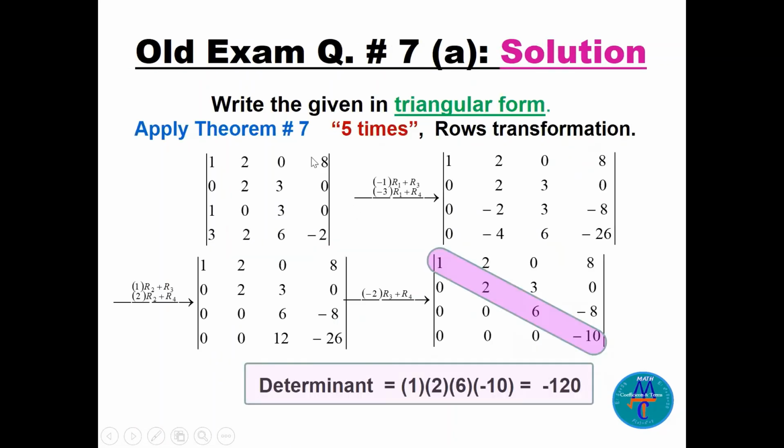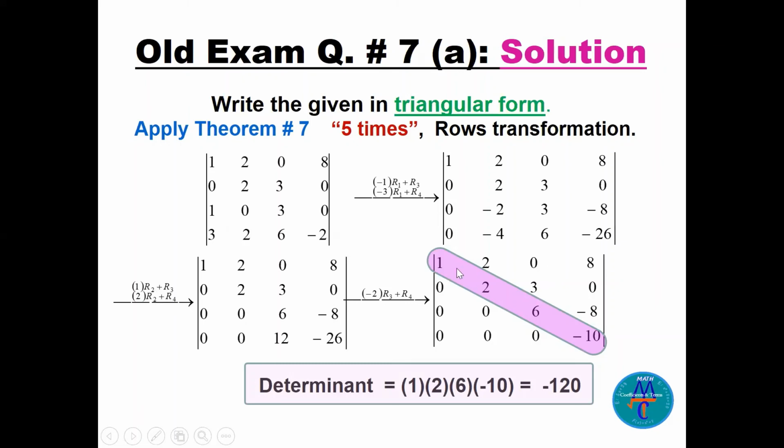Now, you have to put the given matrix in triangular form. So we have to use row transformation 5 times. We can apply theorem number 7. Use this one to change this one to 0, this one to 0, this is 2 times. Then use this 2 to change this one to 0, this one to 0. So this is another 2, so that's 4.